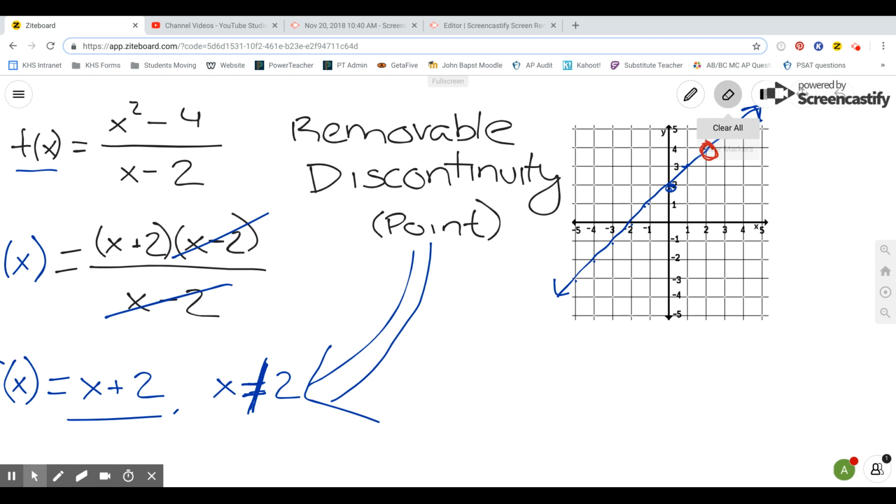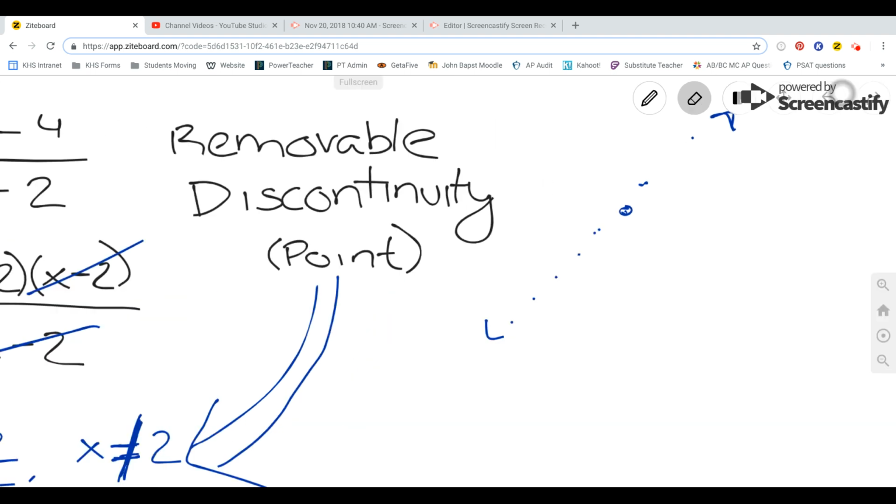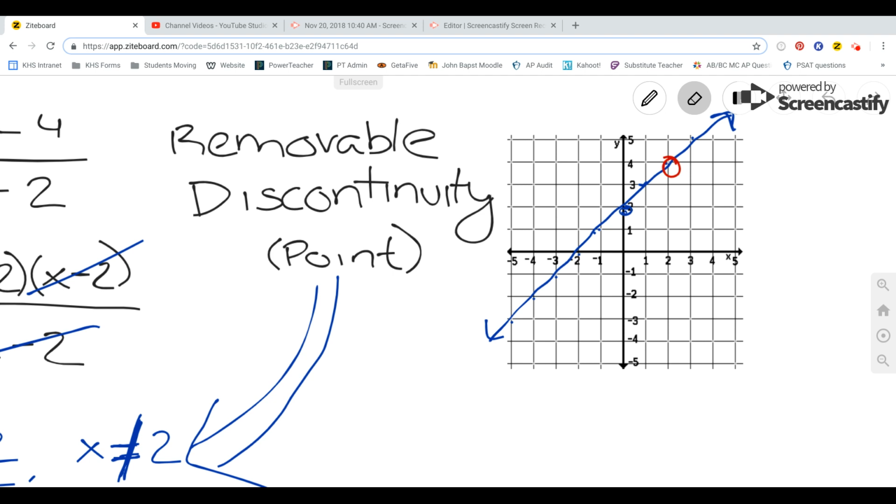Now let's see if I can erase this without erasing my graph as well. No. All right, so that's okay. So we can bring that back. So let's go back and just start from the beginning when I was graphing this.